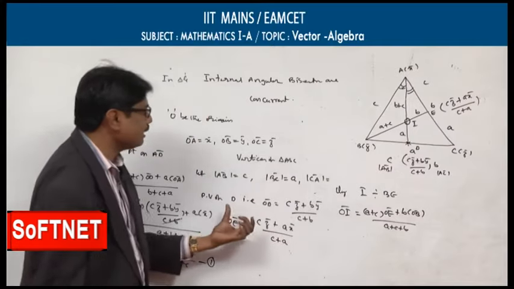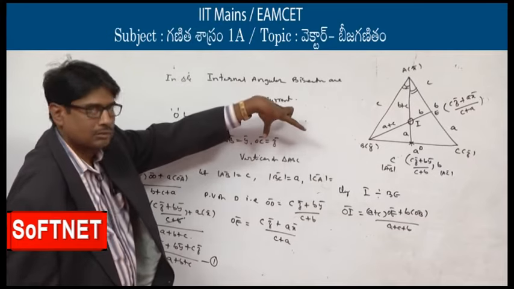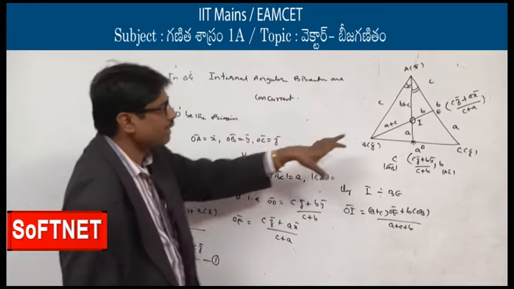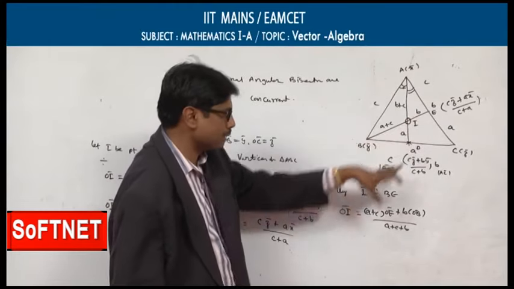First we calculated the position vector of I with respect to the first bisector. Now we are finding I with respect to the second internal angular bisector BE.